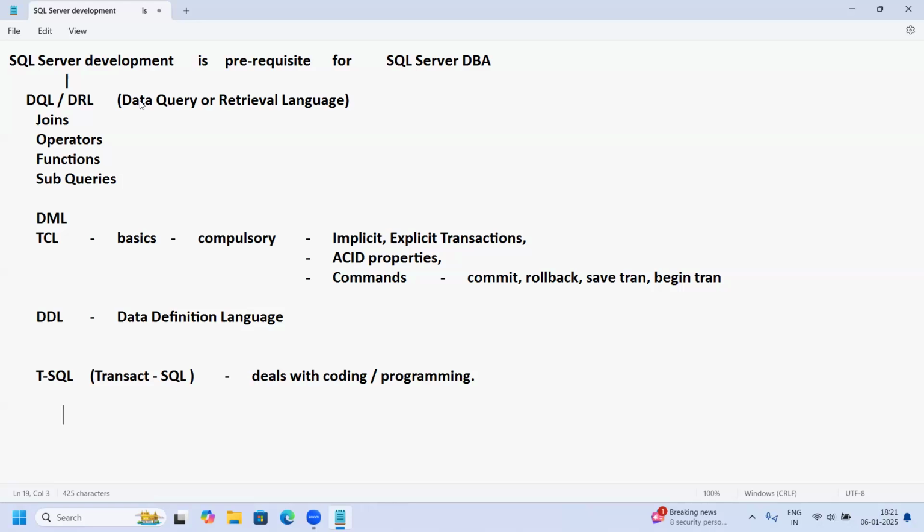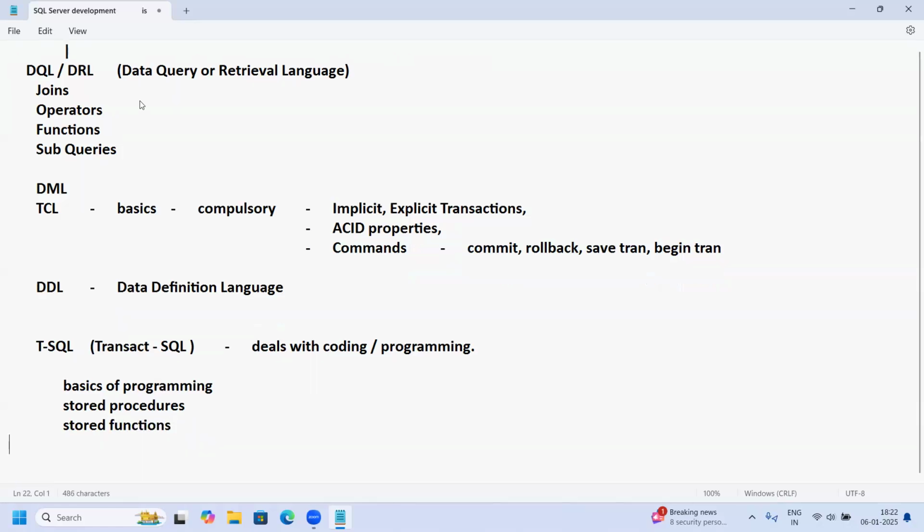In this, you should know the basics of programming, plus something called stored procedures. Stored procedures, stored functions, but two are enough. And little knowledge you require even about triggers.